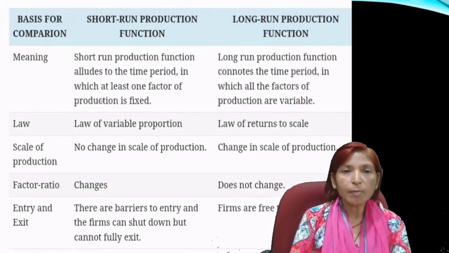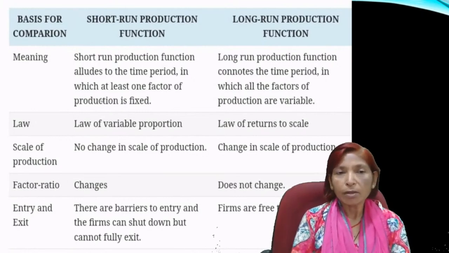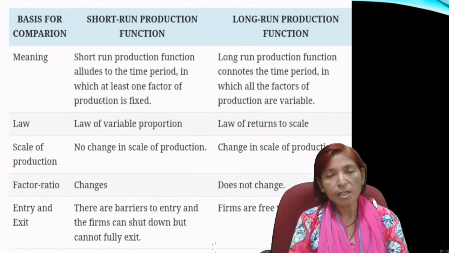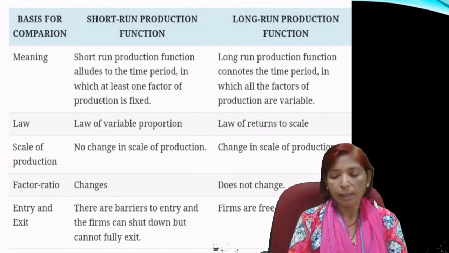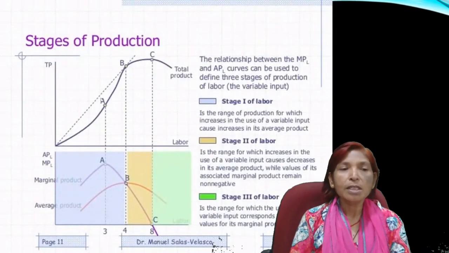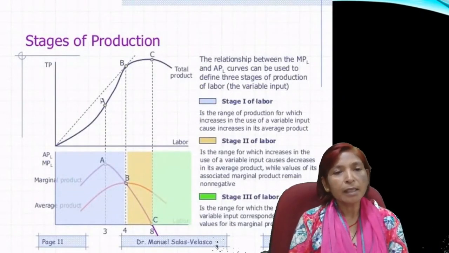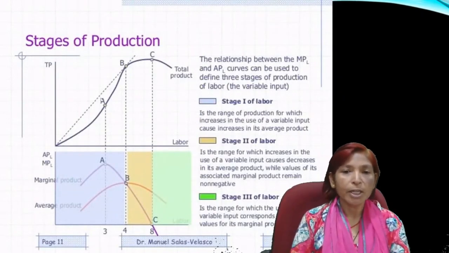So we can classify production function in two categories, short run and long run. Short run is called the law of variable proportion and long run production function is called returns to scale. Now, stages of production are three: increasing, constant and diminishing.